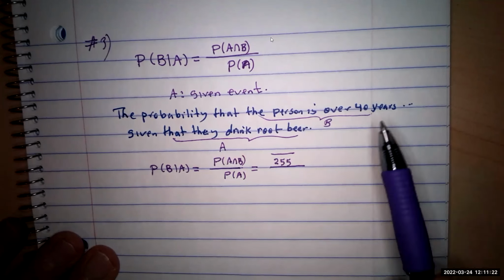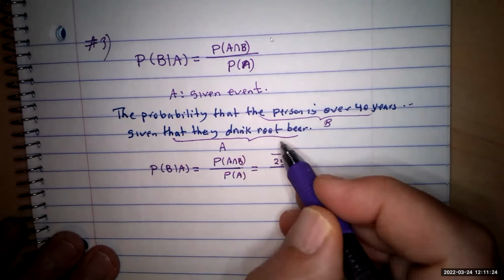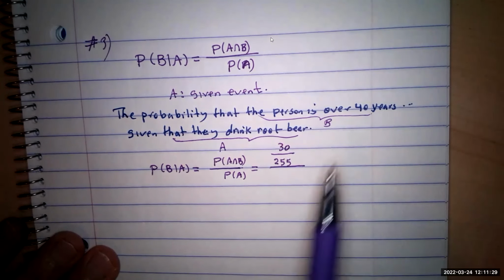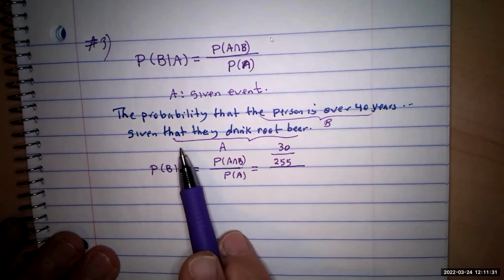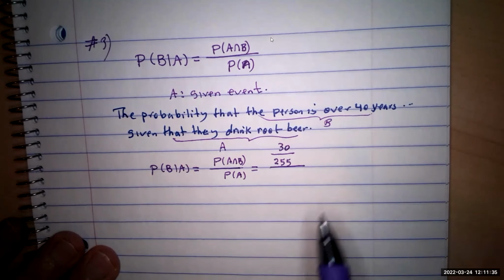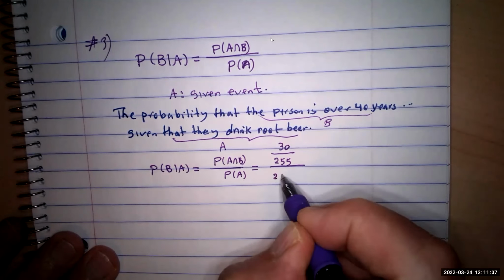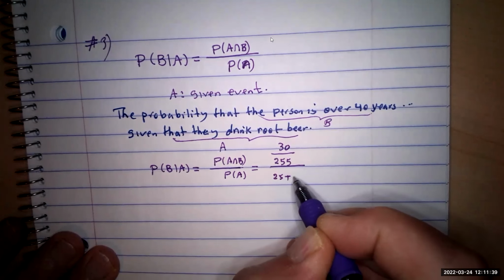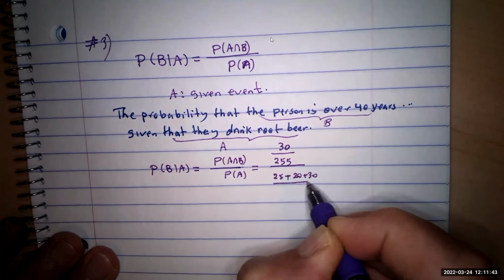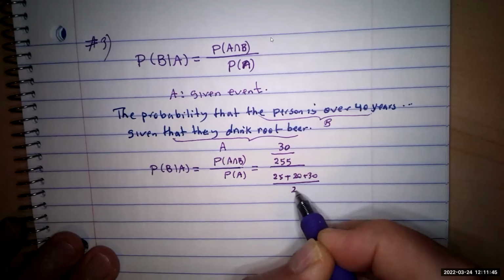If you go to the table and you look, that number is going to be 30. You just put them together, divided by the given one: the total number who drink root beer, and these total numbers are going to be 25, 20, and 30. If you add them together, divided by 255.